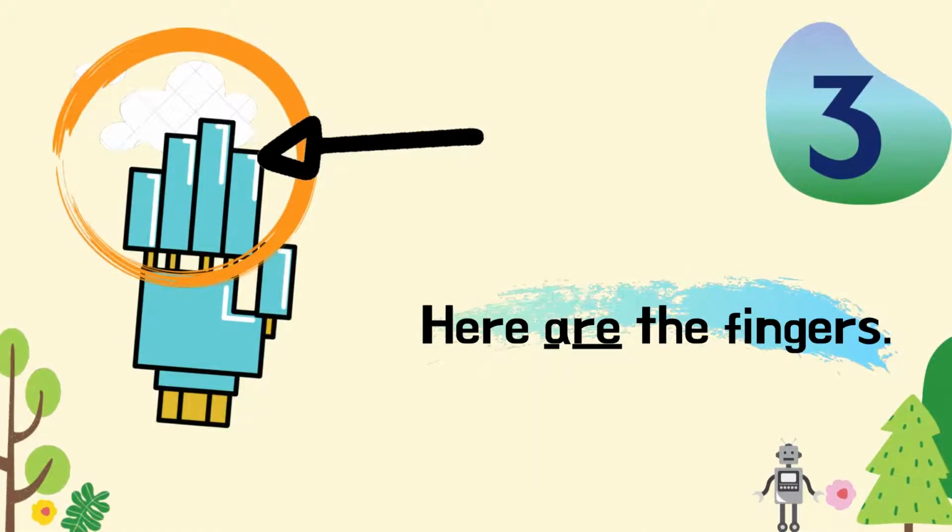Here are the fingers. The fingers are more than one, so we use the word "are" to indicate the fingers. Let's read the sentence again. Here are the fingers. Well done.